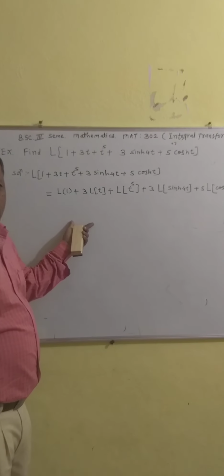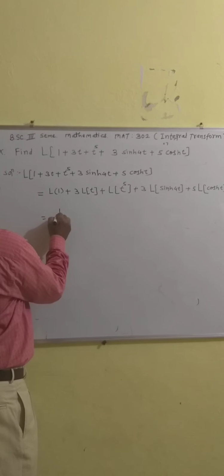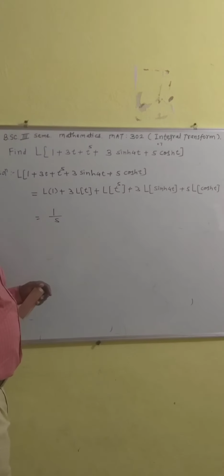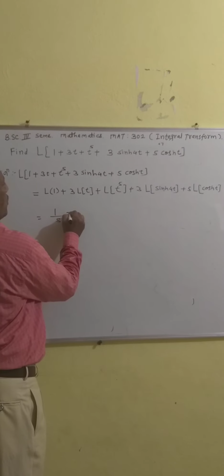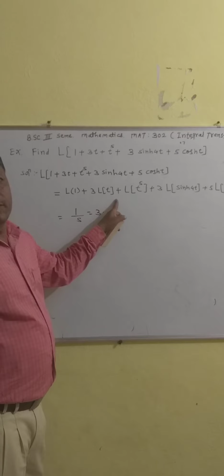So already we have seen the formula. Therefore the Laplace transform of 1 is equal to 1 upon s. We have taken the parameter s, then 3 into the Laplace transform of t.